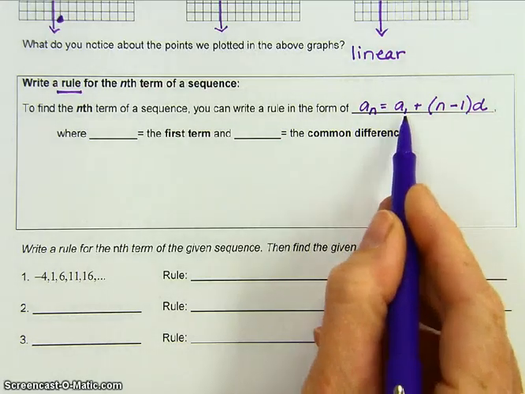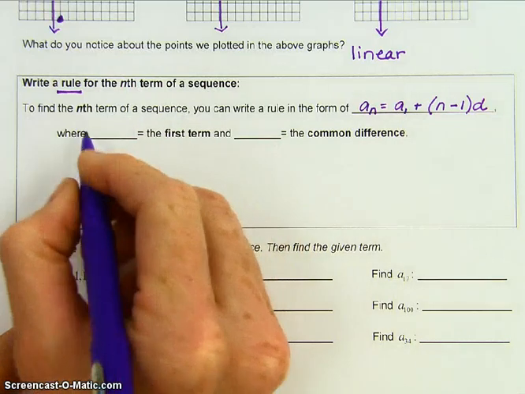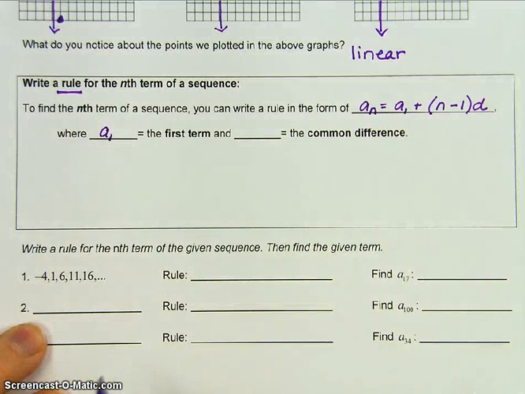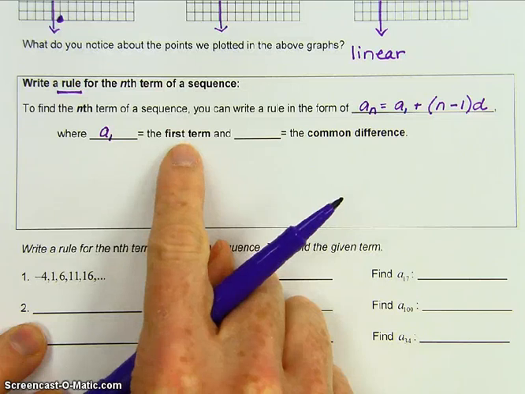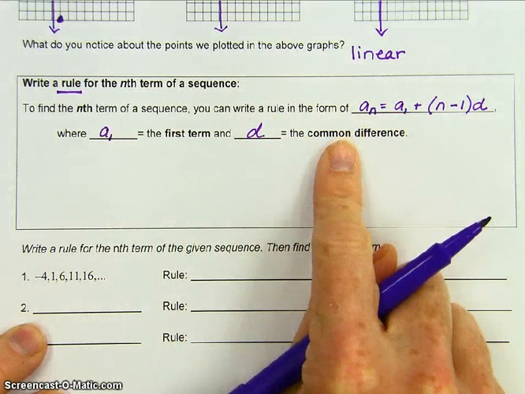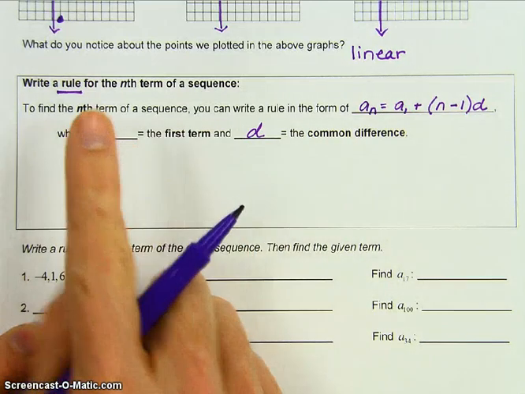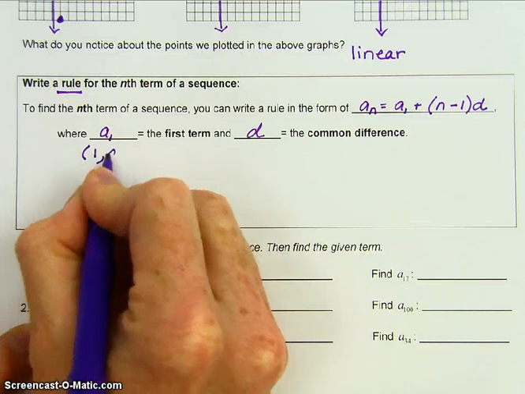Now, a sub 1 tells you it's the first position. So it says where a sub 1 equals the first term and d is your common difference. Now, to help with the notation, just remember that a sub 1 is the first one in your t-table.